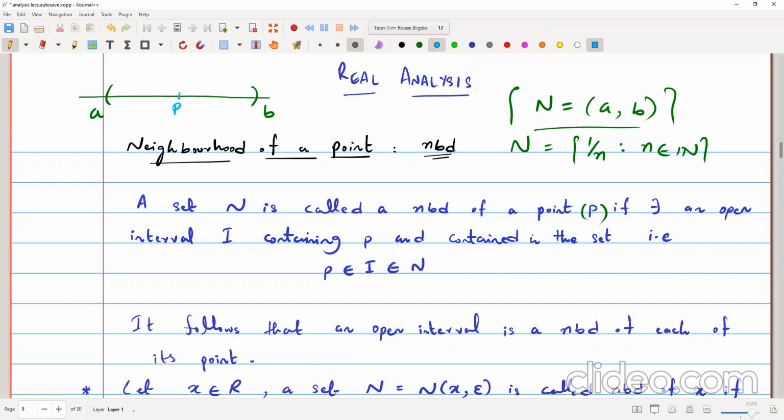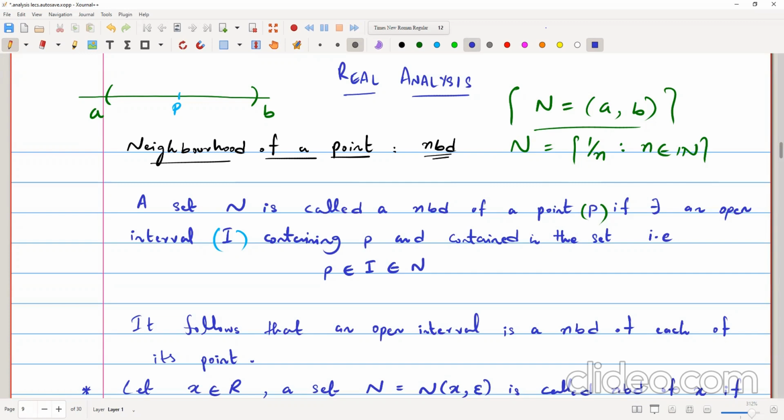If there exists an open interval I containing P, so we again require an open interval that contains this point P. So if we have an interval like AB, and there's a point sitting between these two points, then we have to have an open interval I that will contain this P, right?